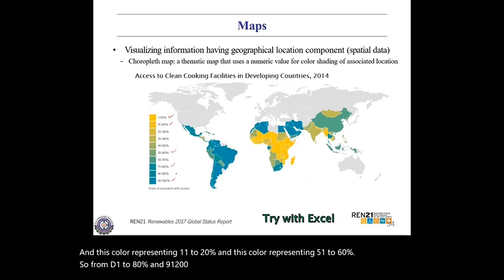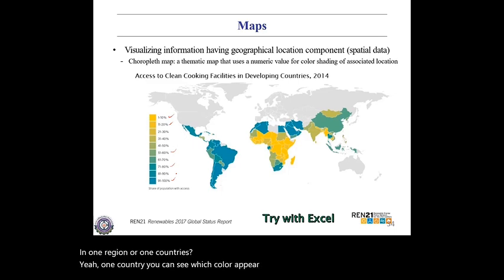So then you can see which color appears in one region or one country, and that is the meaning of the color. So it has a different meaning for each color.